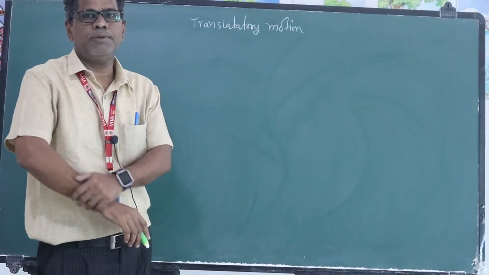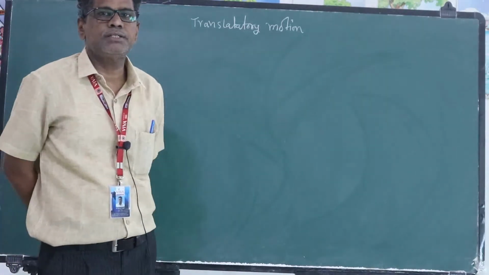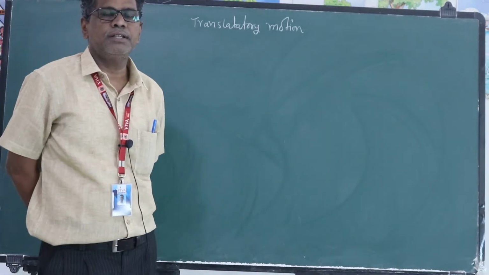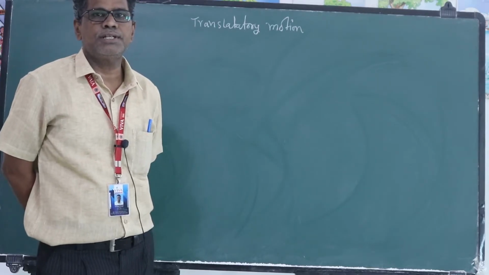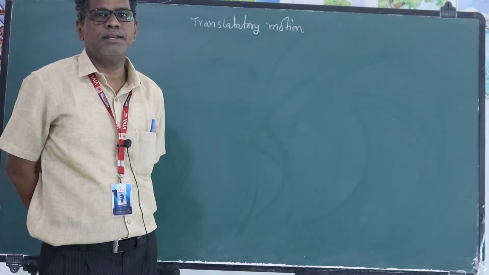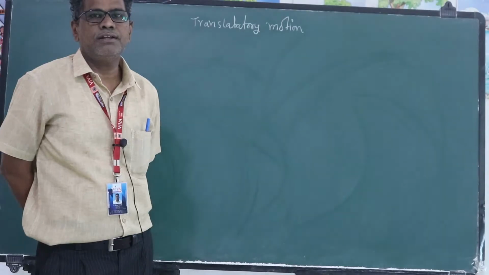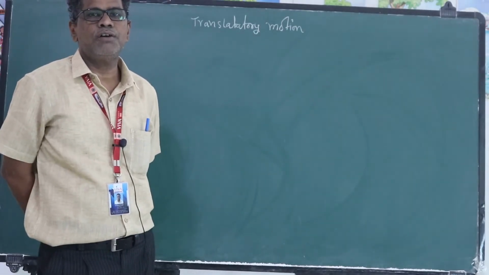If all the particles of the body move in a similar fashion, that is identical, that means all the particles of the rigid body will have same displacement, same velocity, same acceleration. Then the motion of the whole body represents motion of a particle.